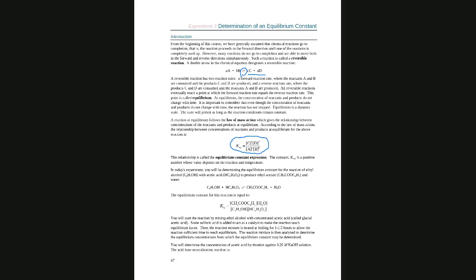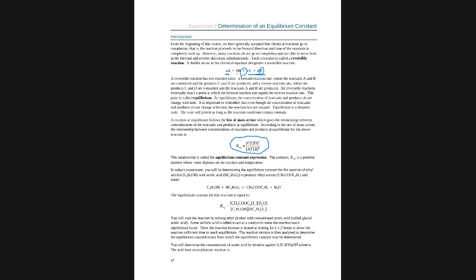This little a, this little b. So we don't forget to do that. Otherwise, you're going to calculate a wrong equilibrium constant. So we always have to have the balanced equation and raise each element to its coefficient in the balanced equation.